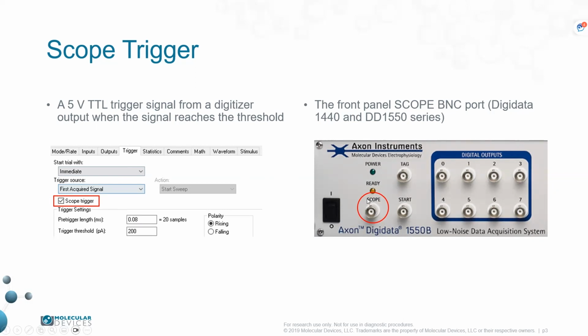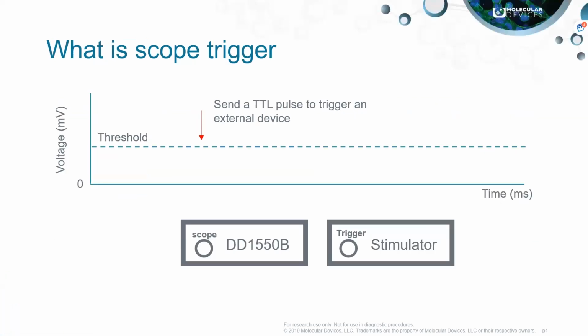On the front panel of the digitizer, for example the 1440 or 1550 series, and this slide just shows you the 1550B, you also need to connect the scope to the external device. After you make the connection, this is how the scope trigger works.